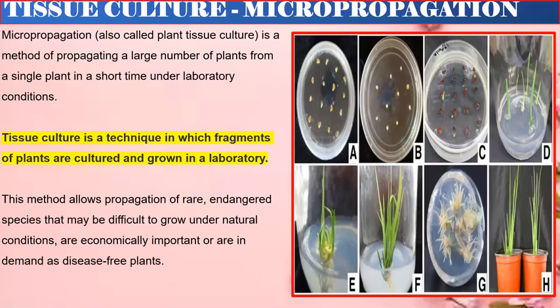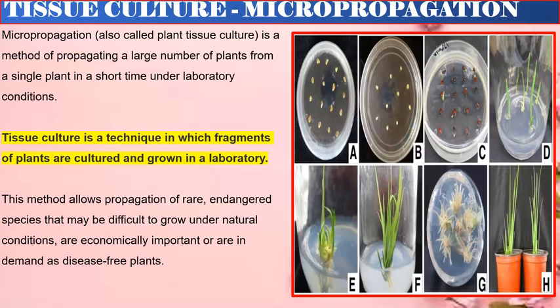Tissue culture or micropropagation. Micropropagation is a method of propagating a large number of plants from a single plant in a short time under laboratory conditions.